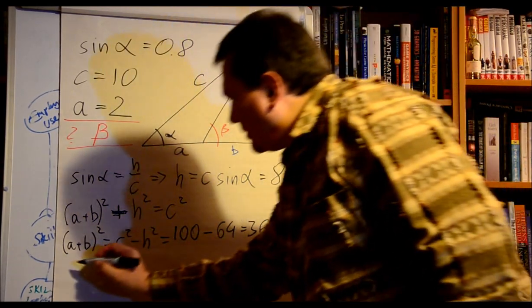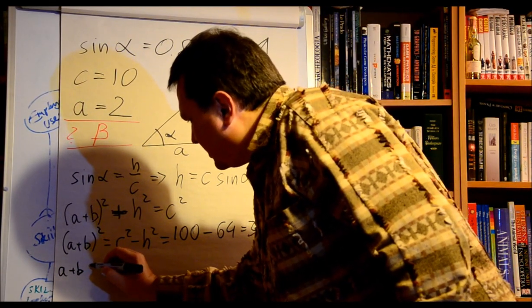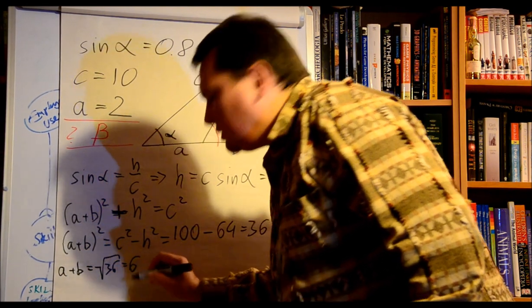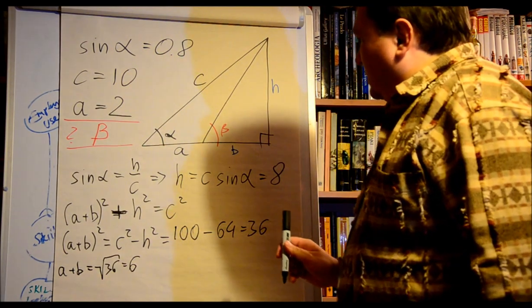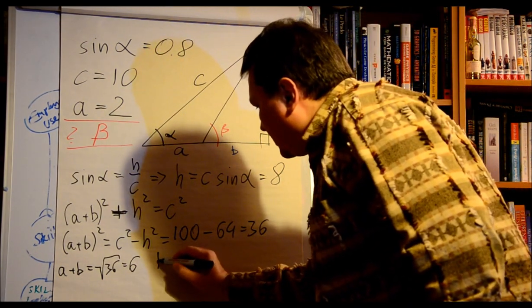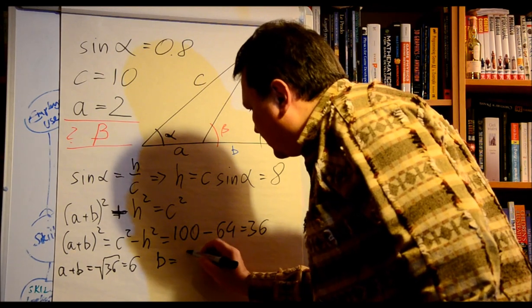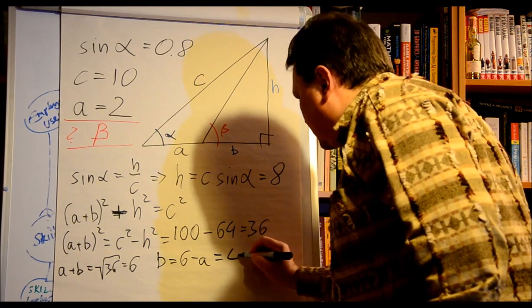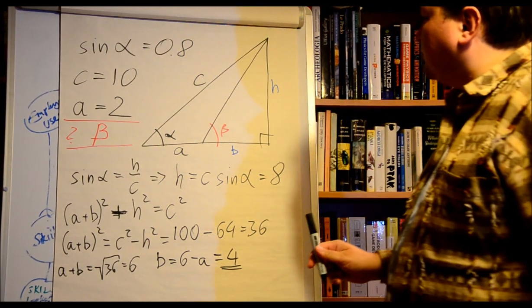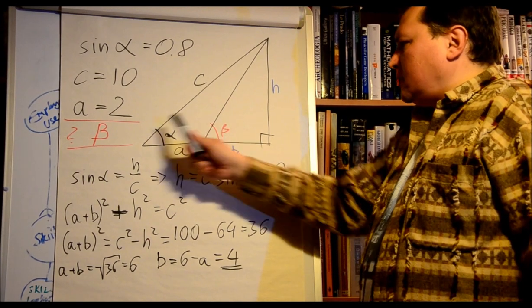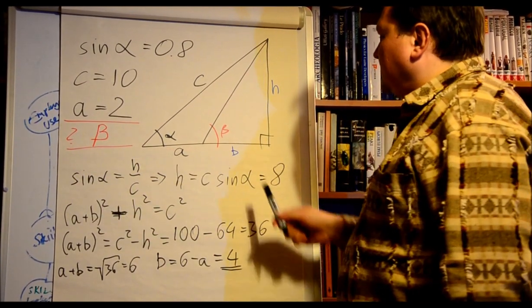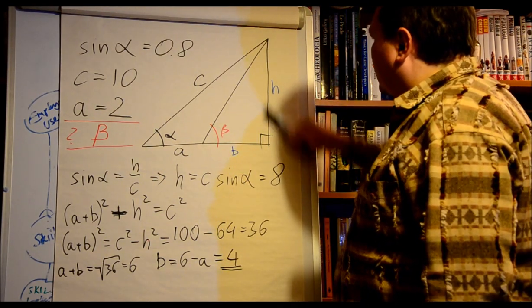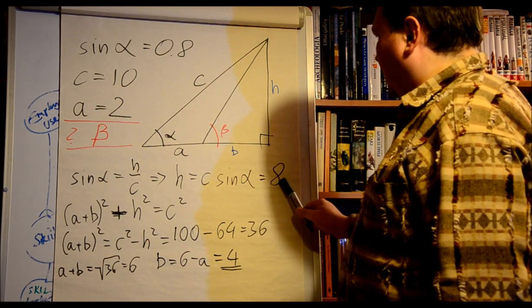So a plus b equals square root of 36, which is 6. Now we are looking for b. b apparently is 6 minus a. a is 2, so b is equal to 4. We are looking for the angle of beta, and we already know b, which is 4, and we also know this h, which is 8.